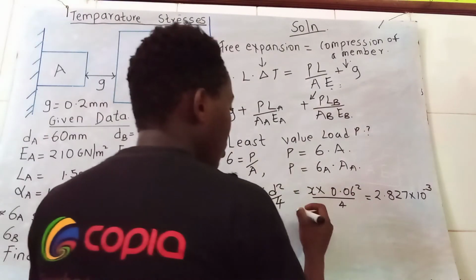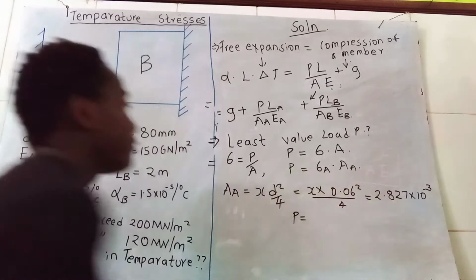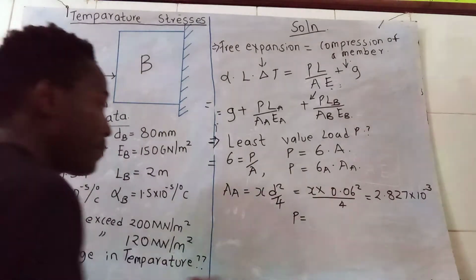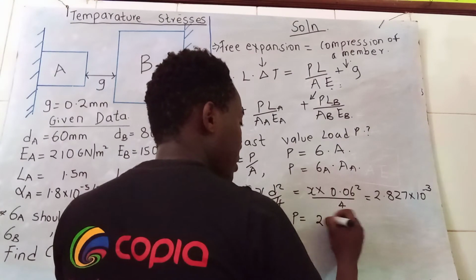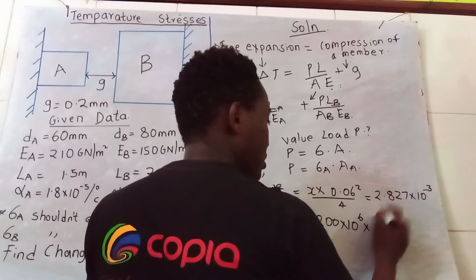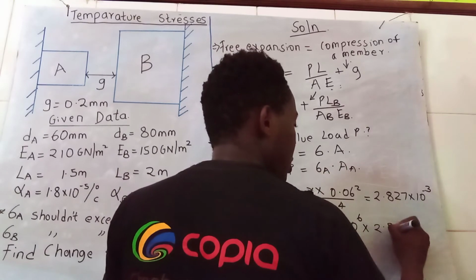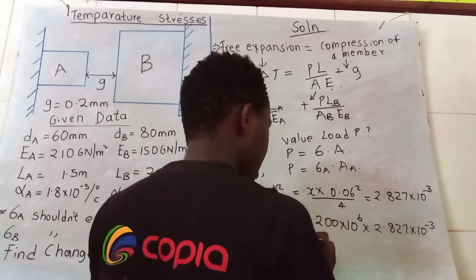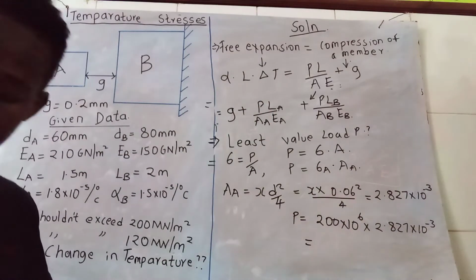So to get the load, the stress in A should not exceed 200 meganewtons, 10 to the power of 6, times 2.827 times 10 to the power negative 3.